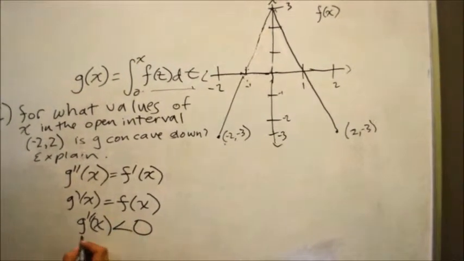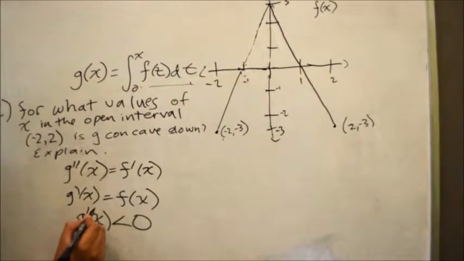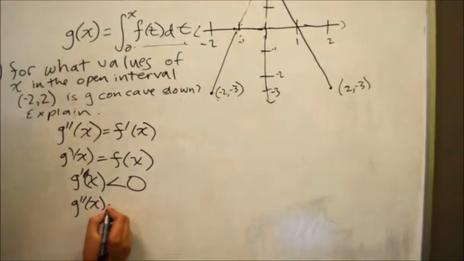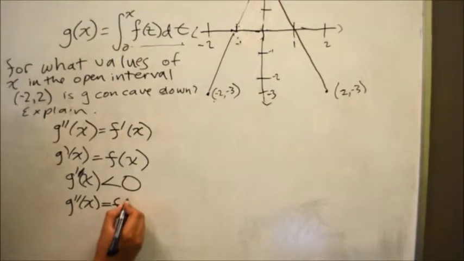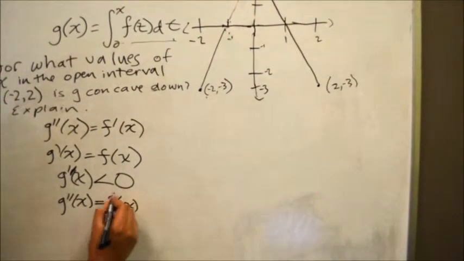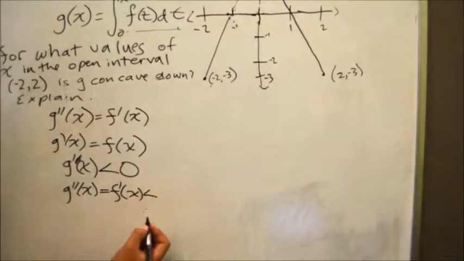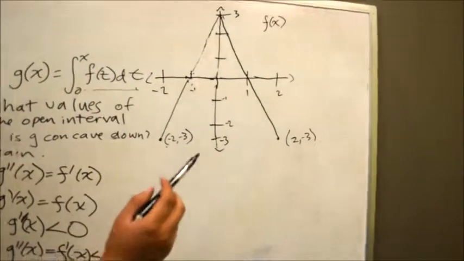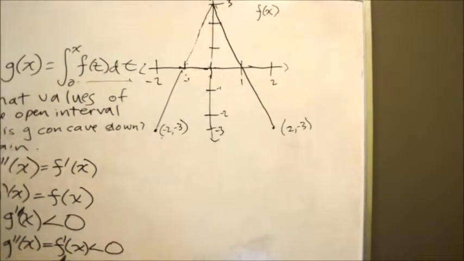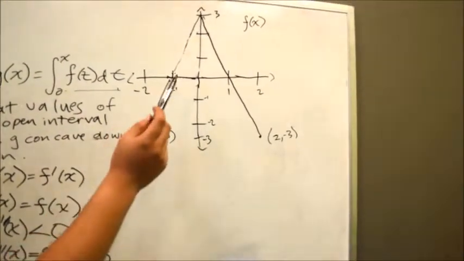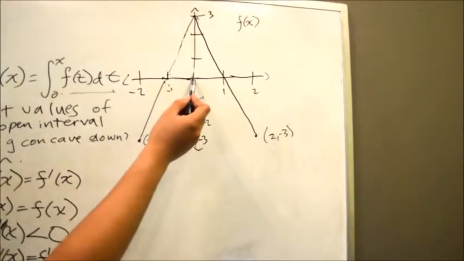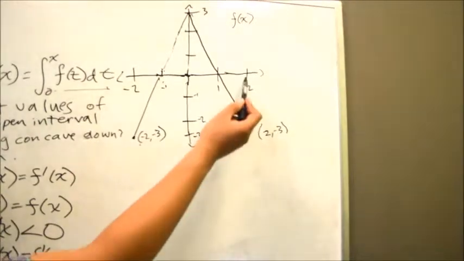So therefore g double prime of x equals f prime of x, which has to be less than 0. If we look at the graph, f prime of x, which is the slope of this, has to be negative, and that's on the interval 0 to 2.